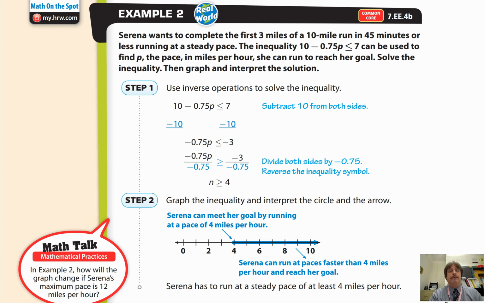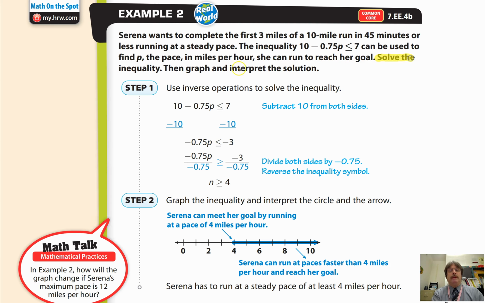In the next example, Serena wants to complete the first 3 miles of a 10-mile run in 45 minutes or less, running at a steady pace. The inequality 10 minus 0.75p is less than or equal to 7 can be used to find p, the pace in miles per hour she can run to reach her goal.